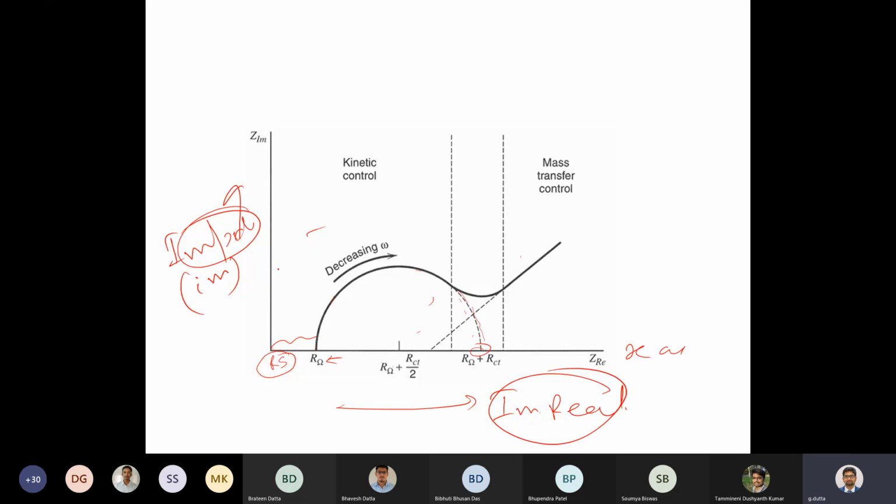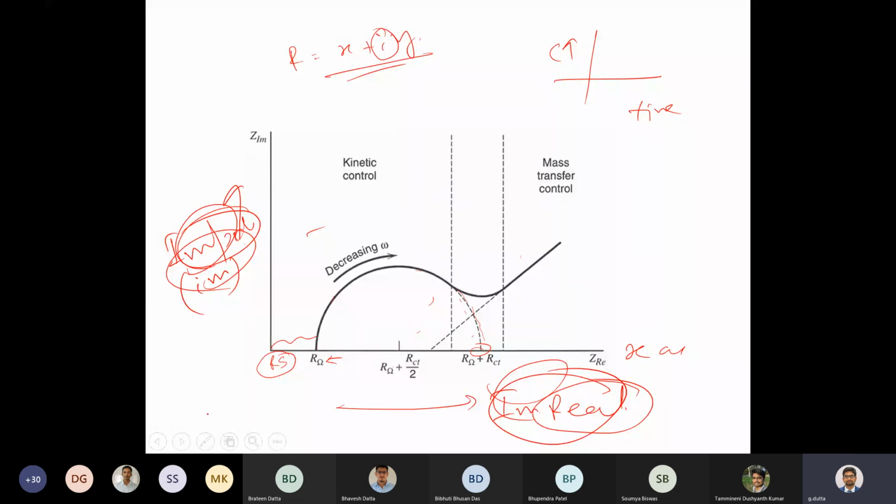Generally we are measuring something with respect to something, right? But in this case, like chronoamperometry, it is current versus time. But in this case, we are measuring impedance versus impedance. In the x-axis, we are measuring real impedance. In the y-axis, we are measuring imaginary impedance. Impedance is something like x plus iy, something like this equation. So there is an imaginary part.